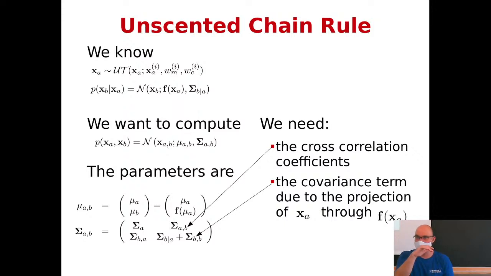But they might not be enough, because if before I was working, for instance, with a distribution of size 2, therefore I needed 5 sigma points, then I do a projection, like the chain rule, into another space of dimension 2, I end up with a space of dimension 4, for which I will need 4 by 4 times 2, which is already 32 plus 1 sigma points. But I started from 5, it's not that I can have more. Therefore, in doing this operation, you also go back to the minimal representation.